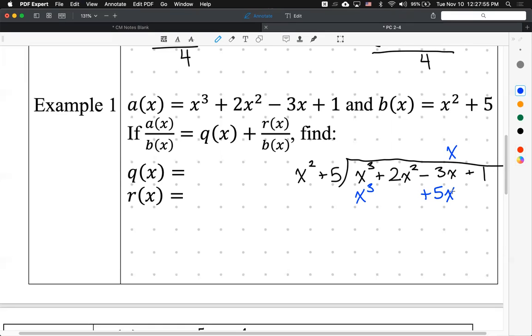If that's okay. When you multiply by x, it adds another power to it because it's x to the 1 power, and when you multiply, you add the power. So if it was just x, it'd be x squared. If it was x squared, it'd be x cubed.